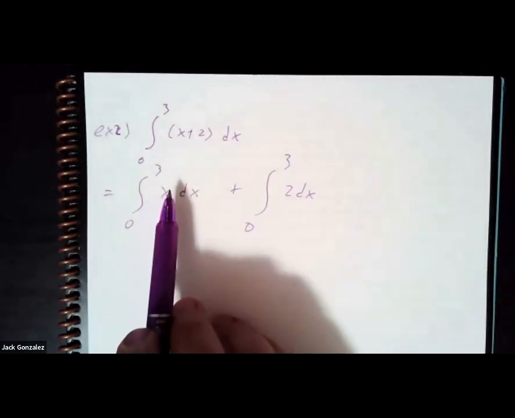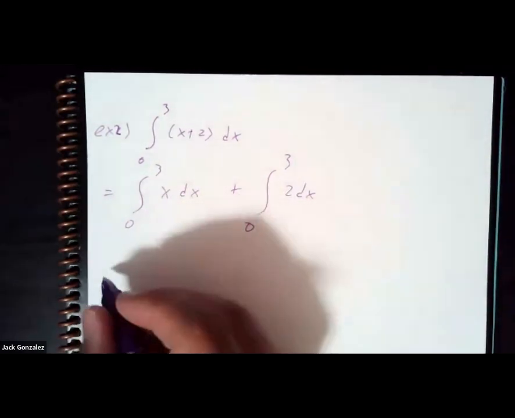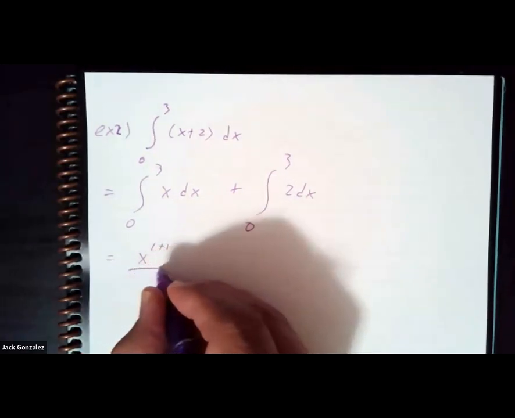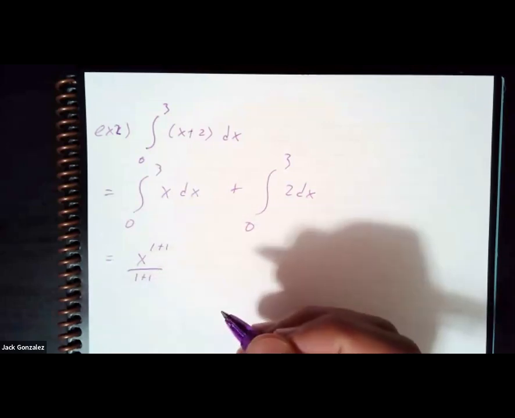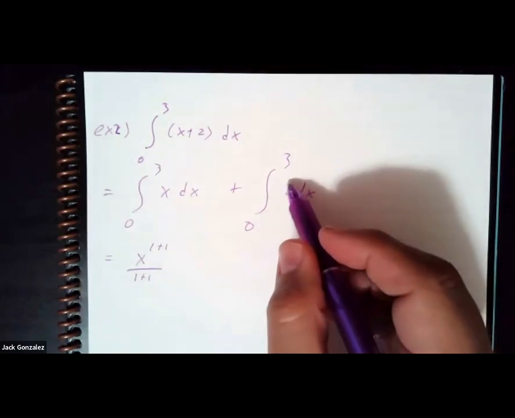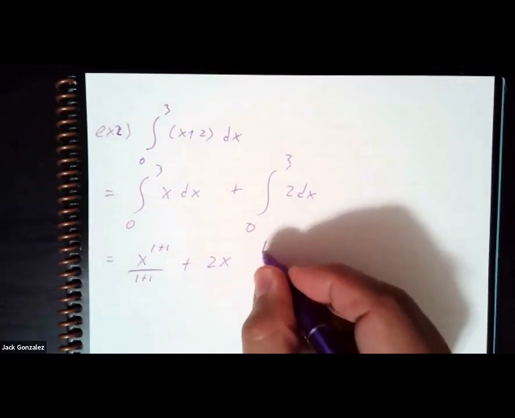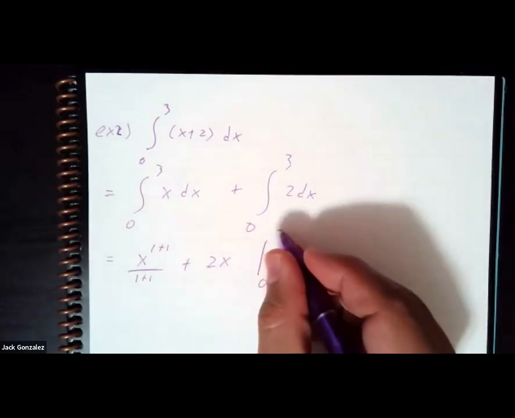So antiderivative of x, right? The rule says add 1 to the power and then divide by that same thing. That's the power rule. Antiderivative of a constant is just going to be that constant times x. Then evaluate from 0 to 3.